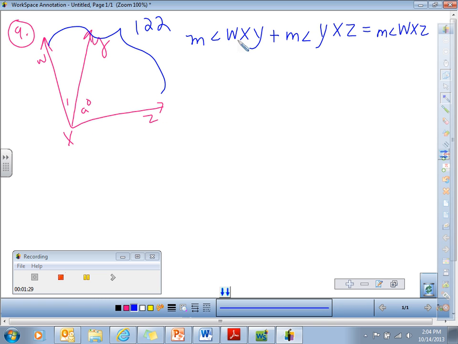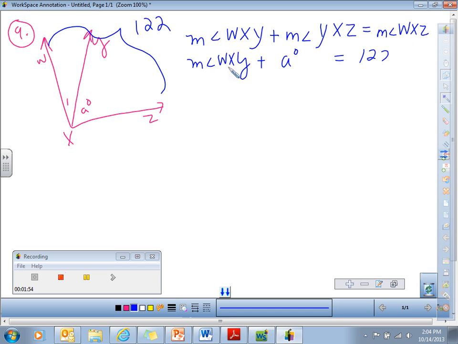Okay? So the measure of angle WXY is what we're trying to find an expression for. The measure of angle YXZ is A degrees. That's just like saying X, we don't know what it is. And the measure of angle WXZ is 122.